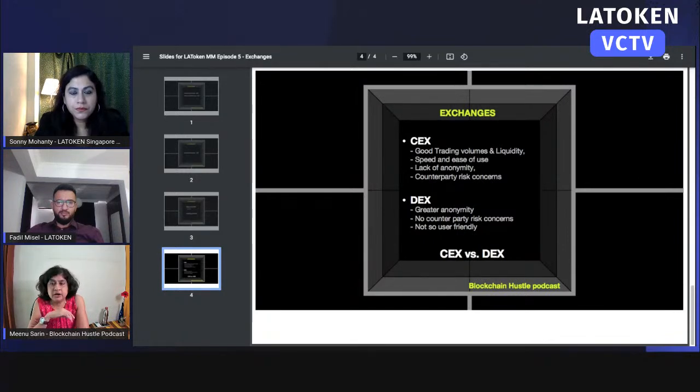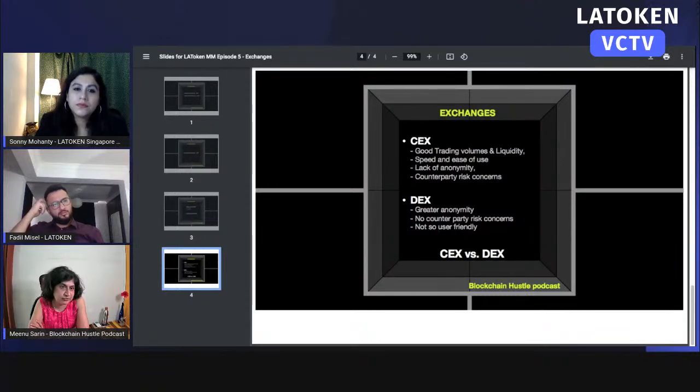And if you talk about the DEX, the decentralized exchange, it offers greater anonymity for investors. And as a user, I have sole custody of my funds. I hold the private key to my funds. I am not giving it to any third party, any centralized entity. On the flip side, it is not so user friendly.